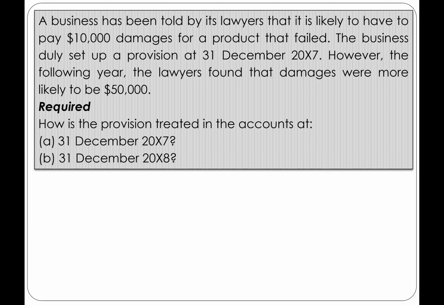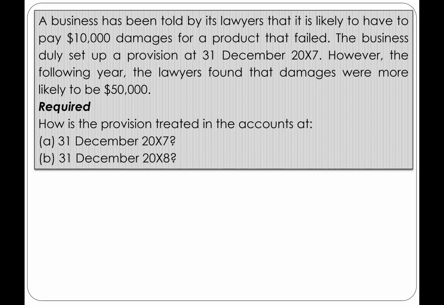Then at 31 December 2018, we now have further information from our lawyers, who are telling us that the damages are more likely going to be 50,000. Now we have already put 10,000 in the provision account. We are now told that we are likely going to pay 50,000, which means we need to top it up from the 10,000 to 50,000.